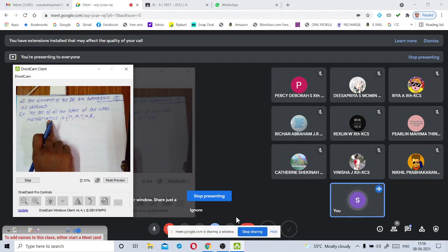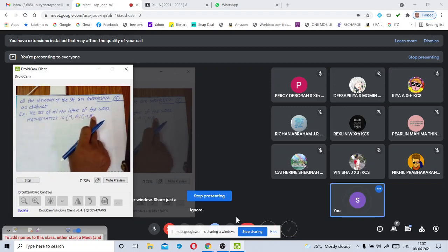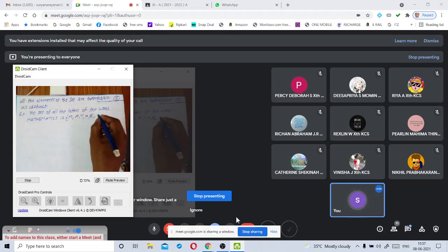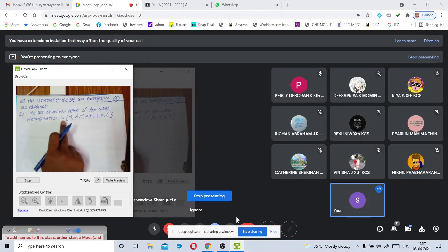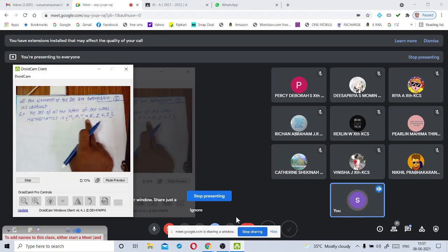If you observe, T is also repeated, so no need to write that letter T again. I, C, S. We wrote the set of all the letters of this word mathematics in the roster form.